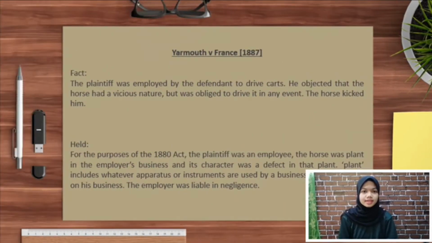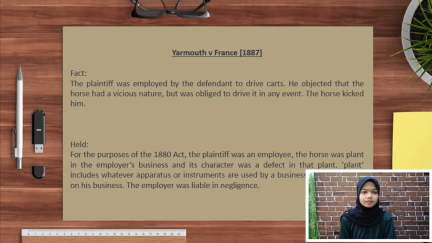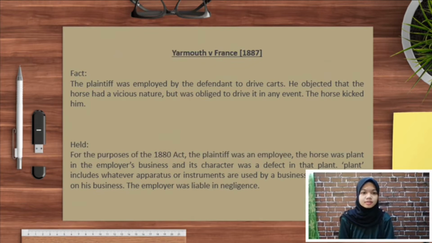So, the first case is Yarmouth versus France 1887. The facts in this case are the plaintiff was employed by the defendant to drive carts. He objected that the horse had a vicious nature, but was obligated to drive it in any event. So, the horse kicked him.